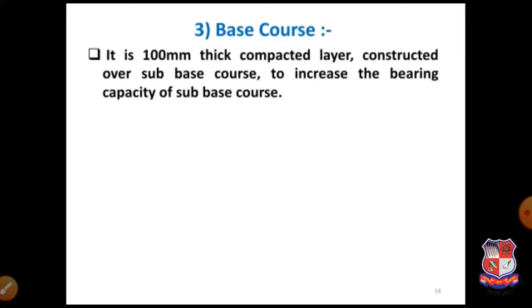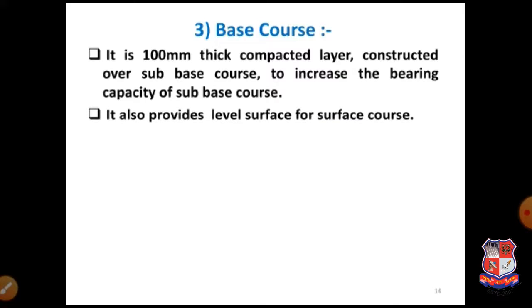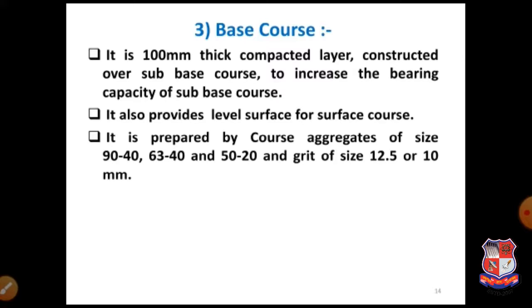Base course is a 100 millimeter thick compacted layer constructed over the sub-base course to increase its bearing capacity. It also provides a level surface for the surface course. It is prepared with coarse aggregates of size 90-40, 63-40 and 50-20, and grit of size 12.5 millimeter or 10 millimeter.